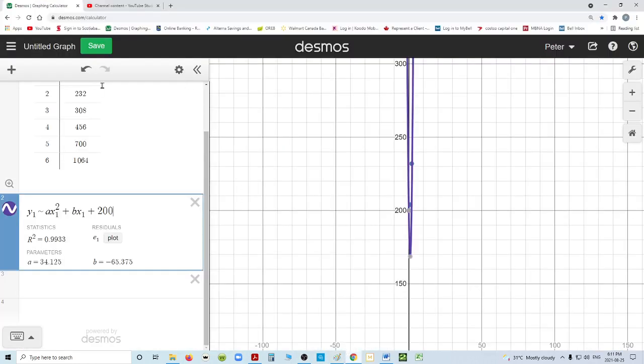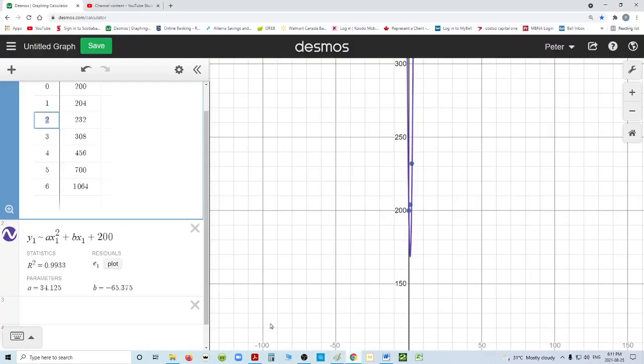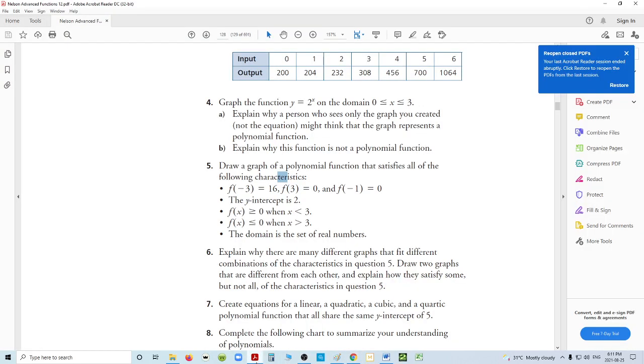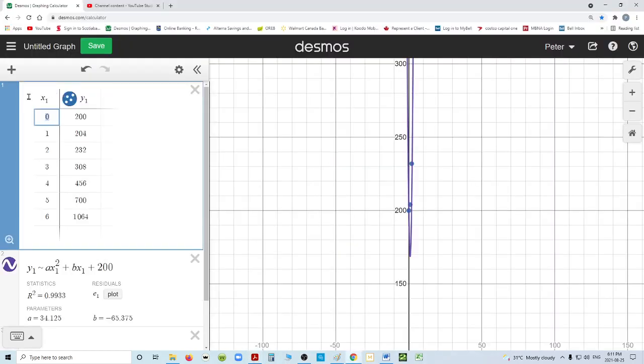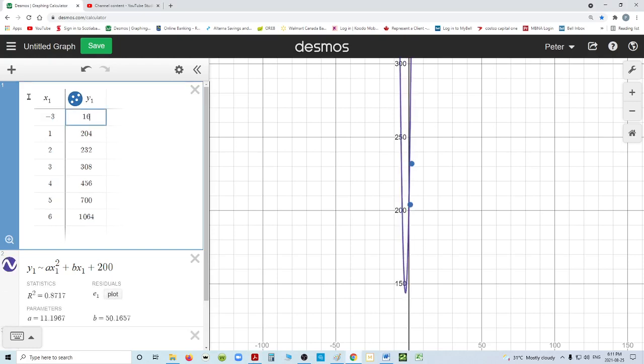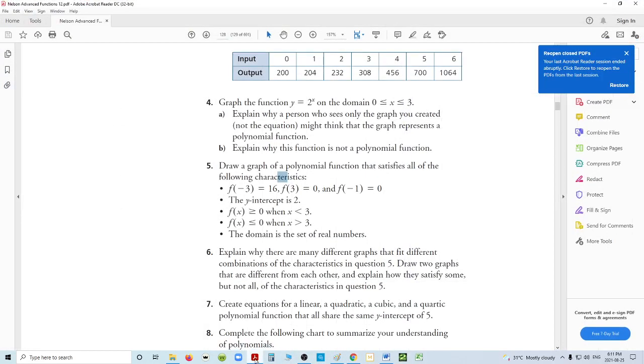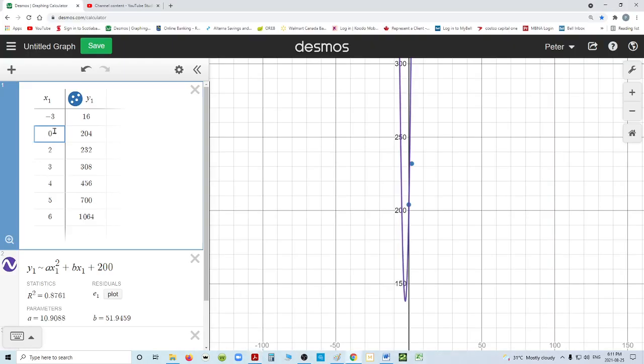If you were going to graph that, again, what information have you got? You've got minus 3 is equal to 16. Three is 0. Do that there.